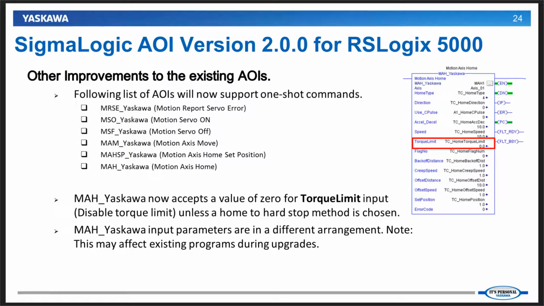Users who are using this MAH Yaskawa AOI, please be aware that your input parameters need to be mapped properly. After importing the new AOI instruction, please make sure that your input parameters are properly mapped, because we have rearranged the input parameters to this AOI.